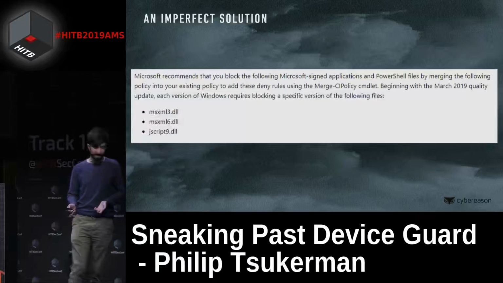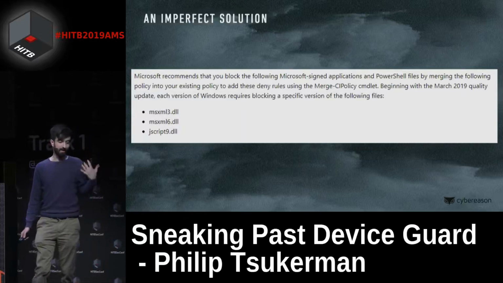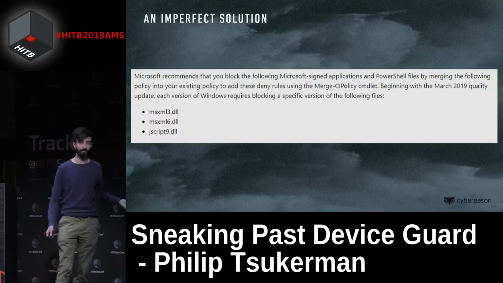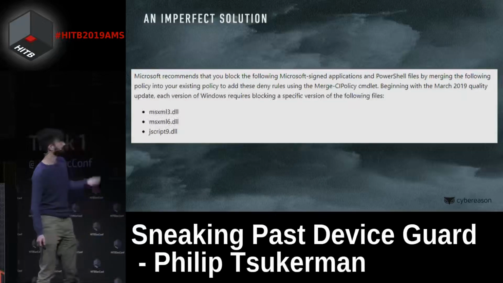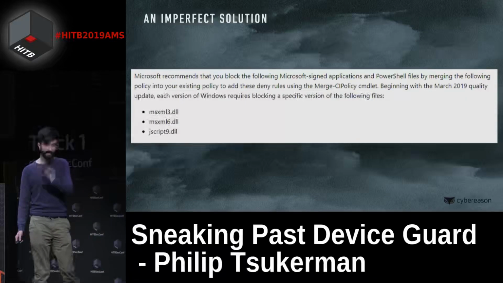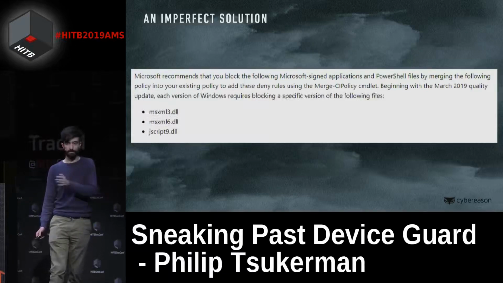Now, Microsoft have issued a couple of new recommended block rules for device guard, which, as you see, simply mention that you have to have JScript 9 and MSXML from this version and up, or they will get blocked.